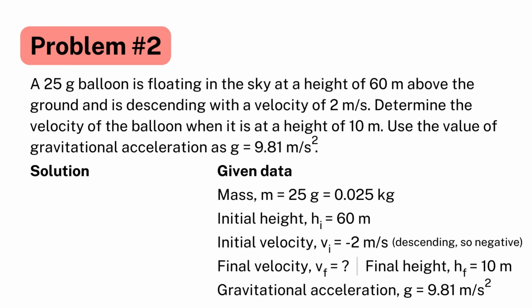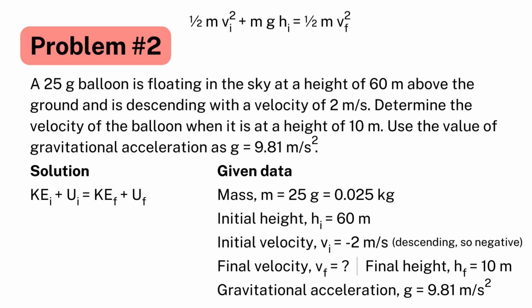Place these values into the equation KE initial plus U initial is equal to KE final plus U final. First, simplify the equation as half mv initial square plus mgh initial is equal to half mv final square plus mgh final. The m will get cancelled, so write in a more simple form as half v initial square plus gh initial is equal to half v final square plus gh final.